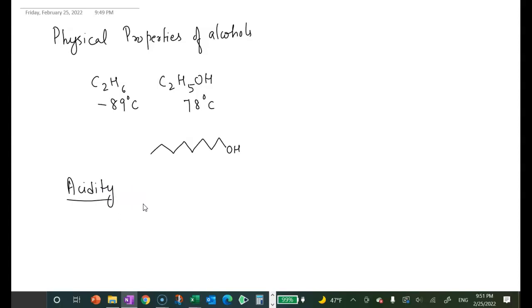If you write the reaction of an alcohol with a base, for example ROH plus a base B, the base can pull off this proton, put these electrons over here, and we get the conjugate base, the alkoxide, RO minus, plus BH. So the base grabs the proton.